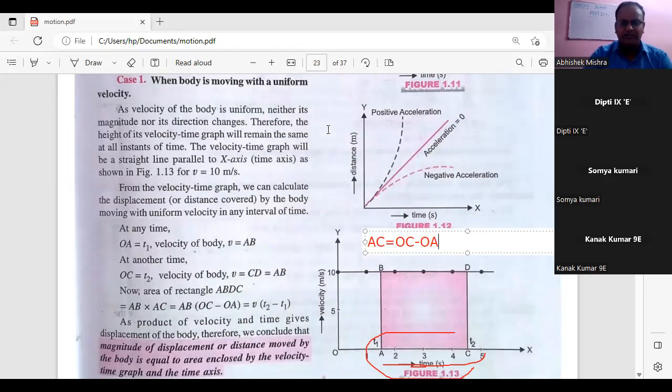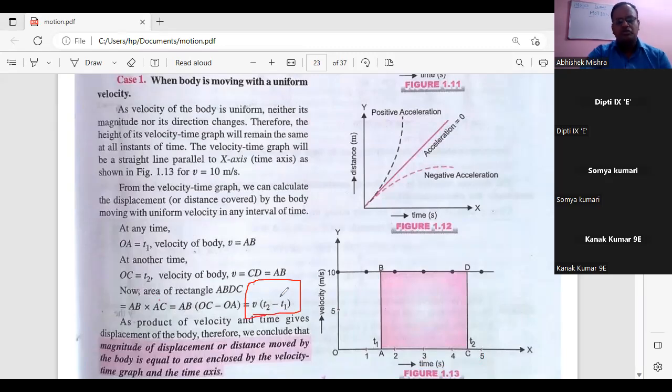So is it clear to all how we can get the magnitude of the displacement?